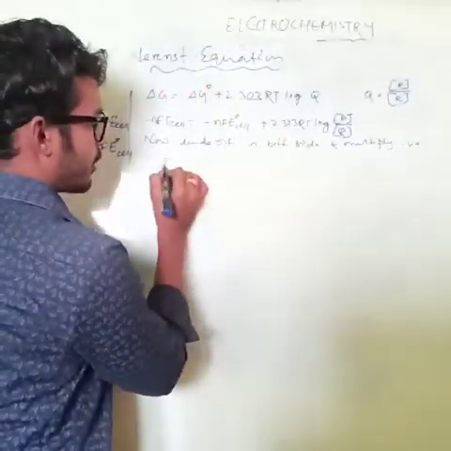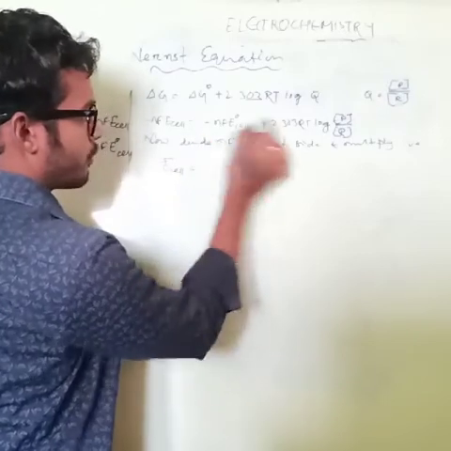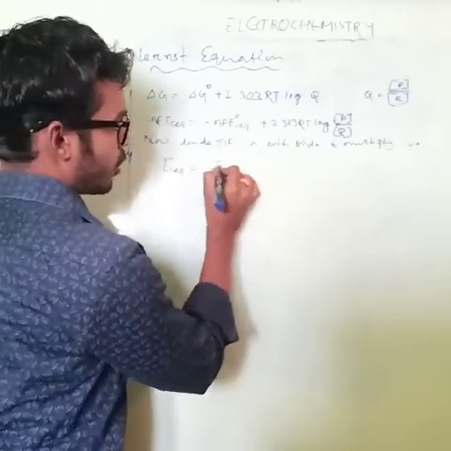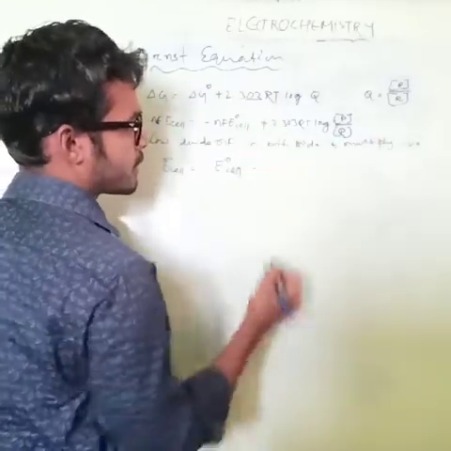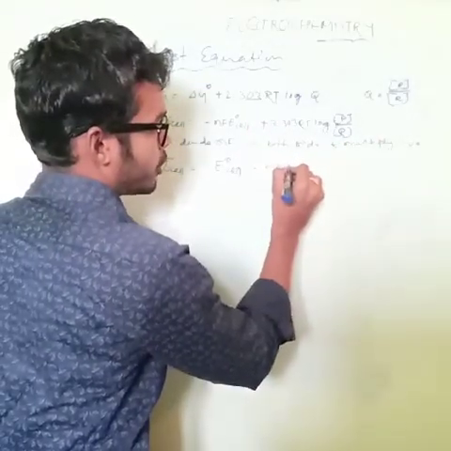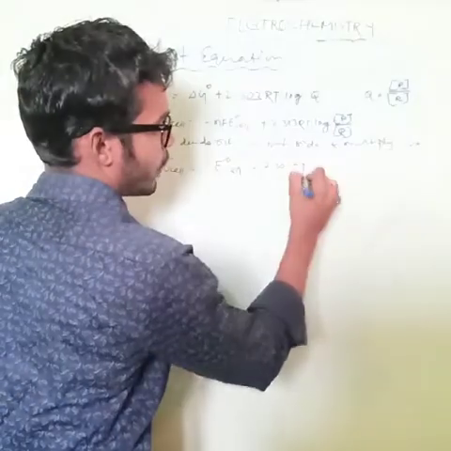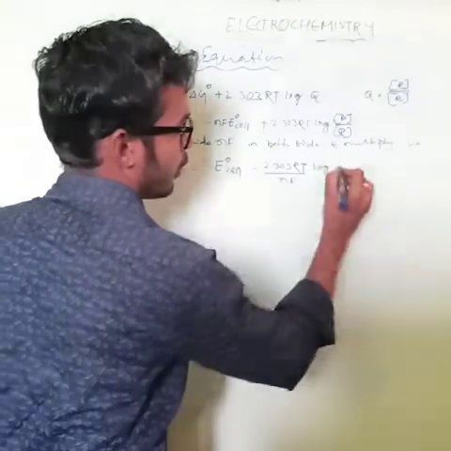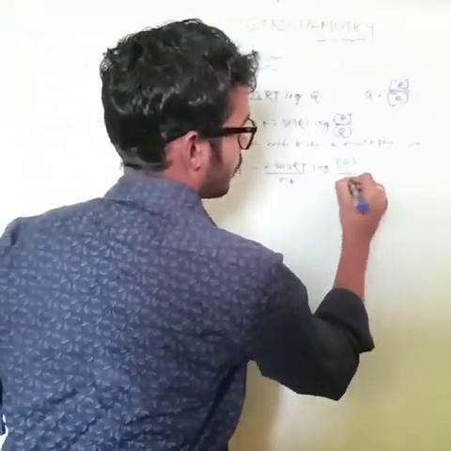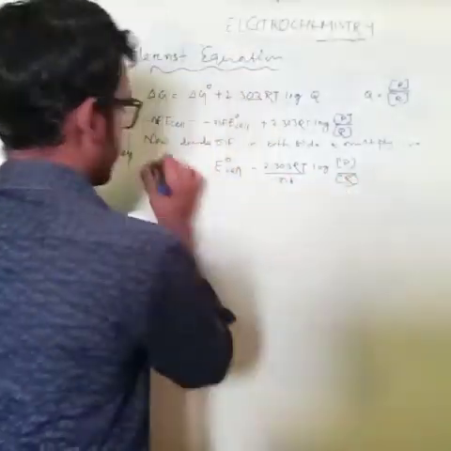So what you will get? E cell equals E naught cell minus 2.303 RT by nF log product by reactant concentration.